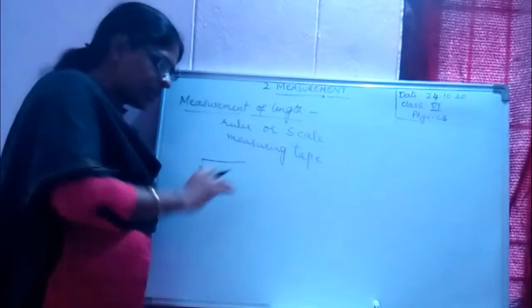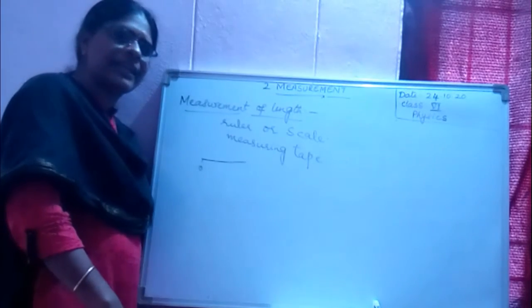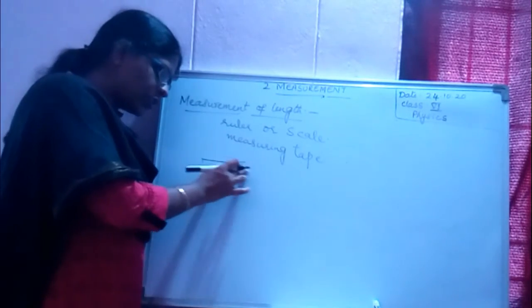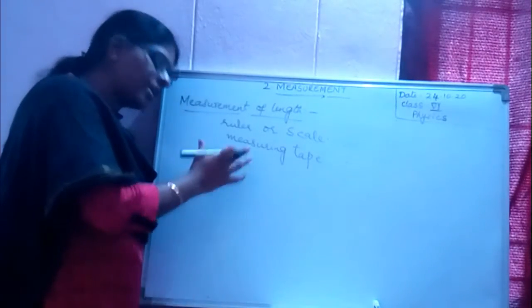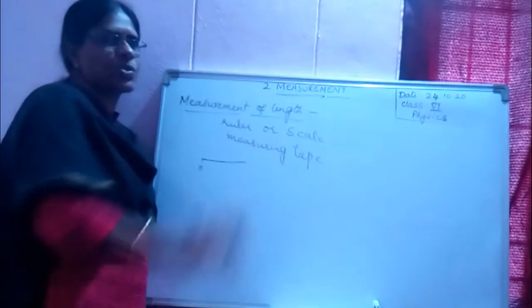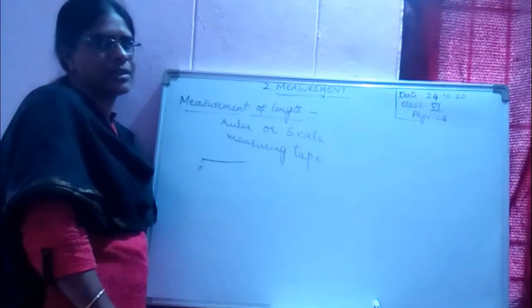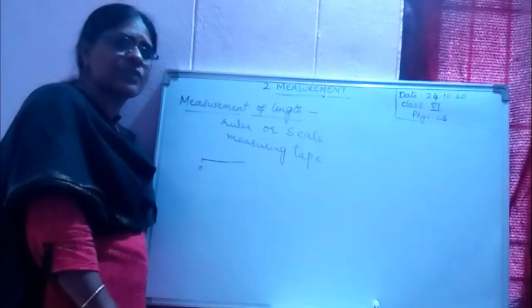If you keep it in whatever way you want, you won't get the correct value of the length. We need to place it along the length of the object in a straight way. If you place it in an inclined or cross way, you won't get the accurate value of the length. Next figure, you see the position of the eye.